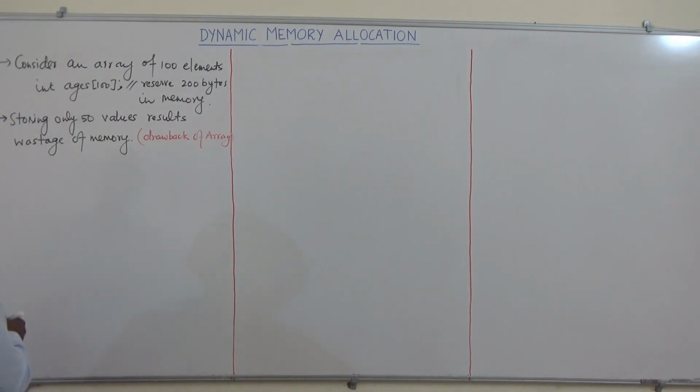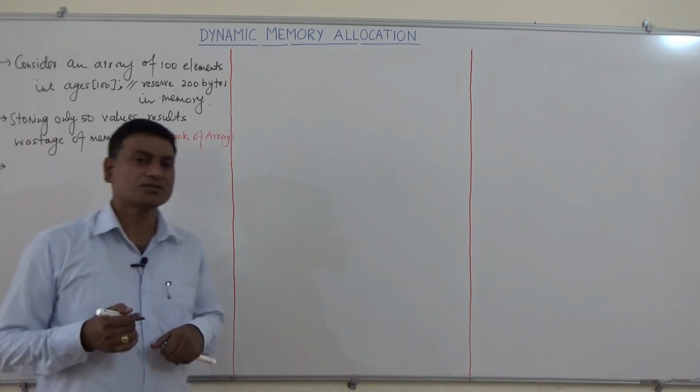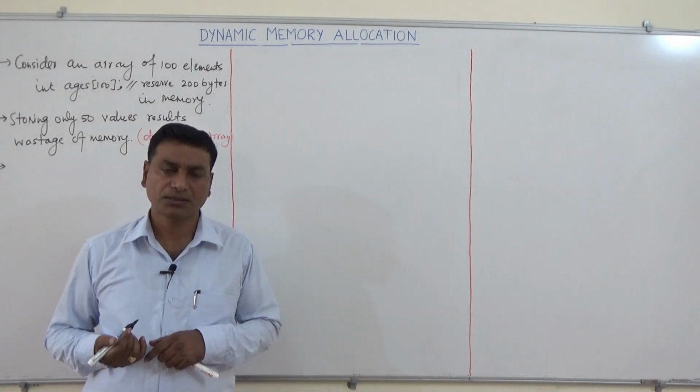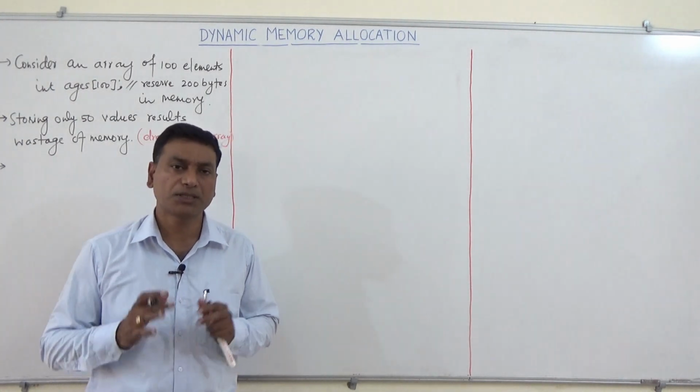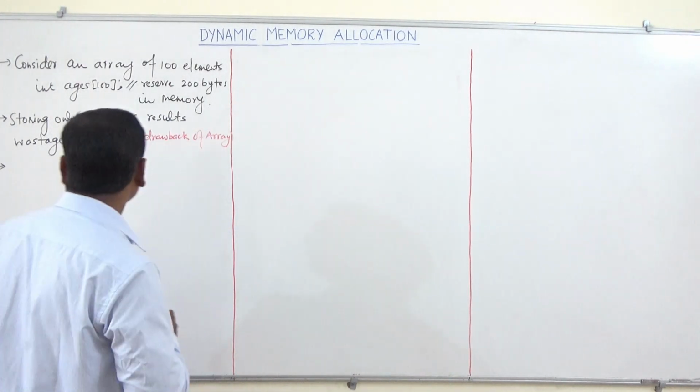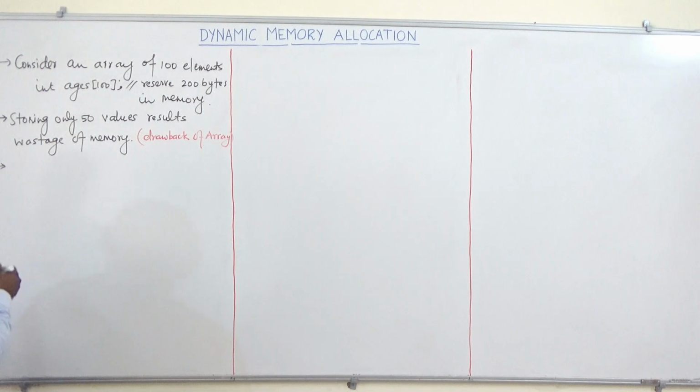Moreover, if we wish to use more than 100 locations, then it is also not possible due to the limit of the size of the array.